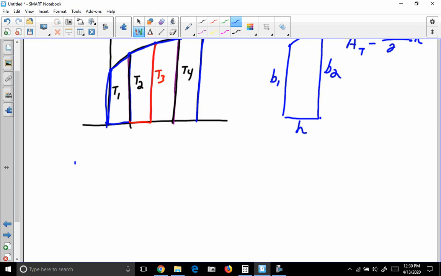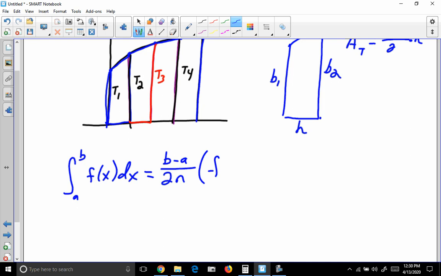And the formula that we're going to use to approximate that area is b minus a over 2n times the function at the left side plus twice the function at the next x value.